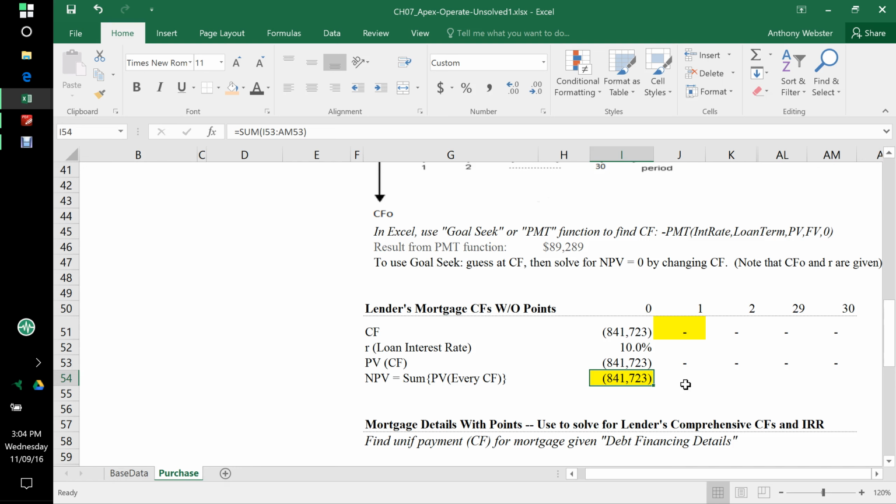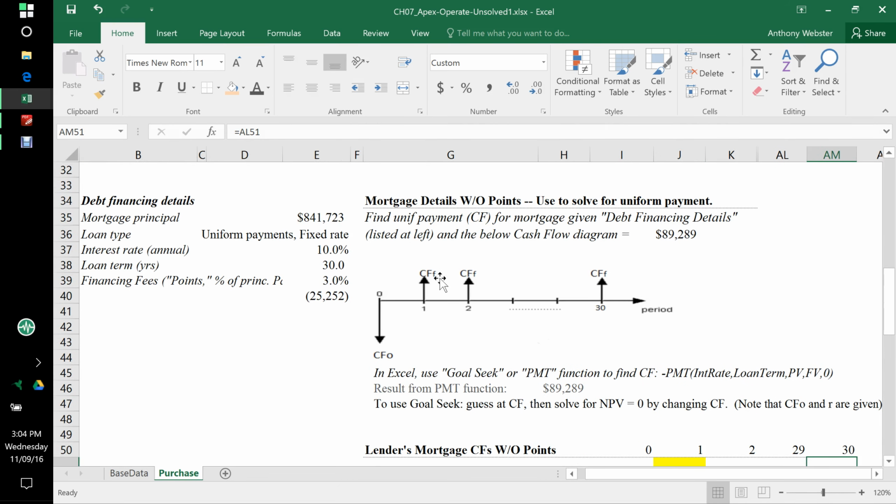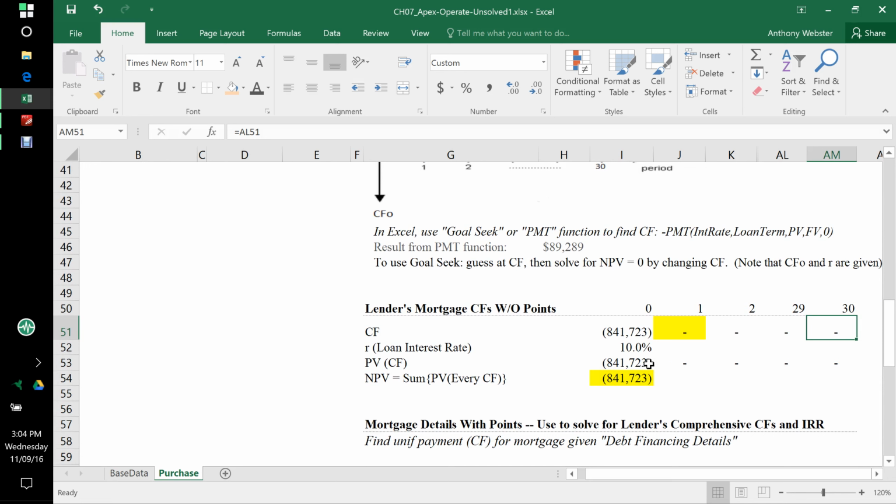And with no fees or anything like that, the beauty of this is that when we get all our payback amounts correct, all of these uniform cash flows coming back into us correct, and we discount at the lender's interest rate, the NPV has to be equal to 0. So that gives us a really good way to solve this in Excel using GoalSeek.